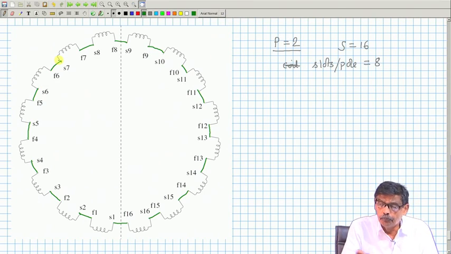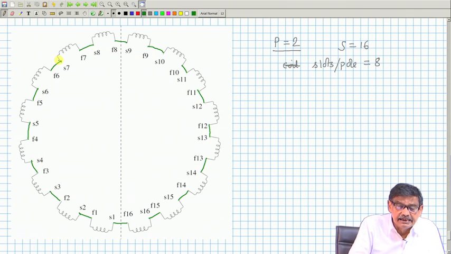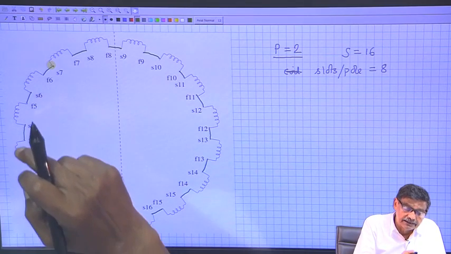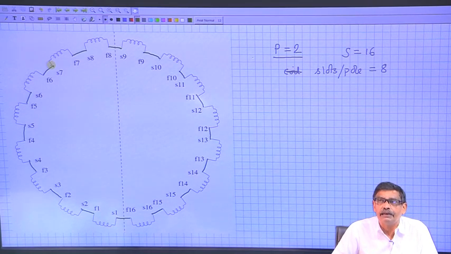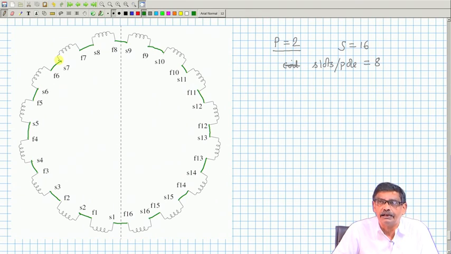So, if it is a 2 pole machine, I would expect the starting coil sides of, say, the first 8 coils, S 1, S 2, S 3, S 4 up to S 8, they will have a fixed polarity, they will be under north pole.